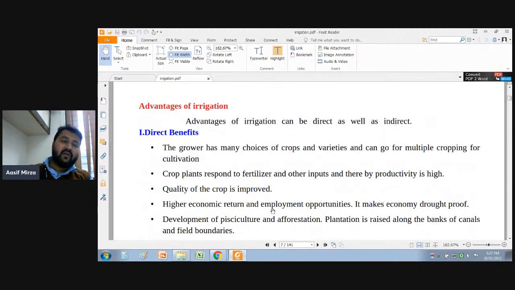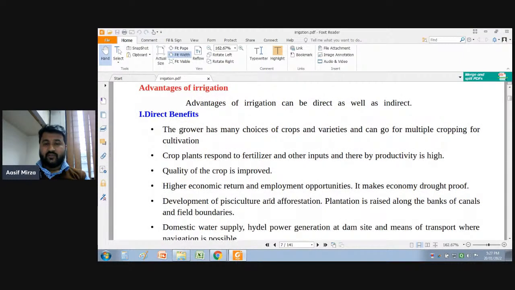Now, moving toward the advantages of irrigation. So, no doubt there are many advantages of irrigation, which can be direct as well as indirect. First we will see the direct benefits. The grower has many choices of crops and varieties and can go for multiple cropping. Crop plants respond to fertilizer and other inputs and thereby productivity is high.